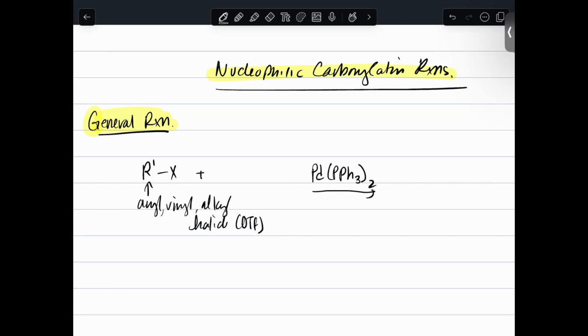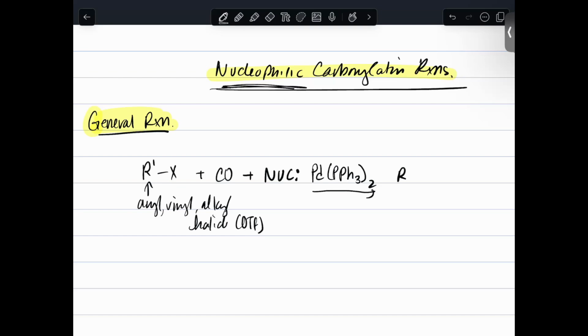You still need carbon monoxide because it's a carbonylation reaction. But in this case, instead of needing an alkene, like in the Heck reaction, or a vinyl borane, or an arylstannane tin reagent, or a cuprate reagent, you need a nucleophile. So just as the name implies, you need something that's going to attack a nucleophile.